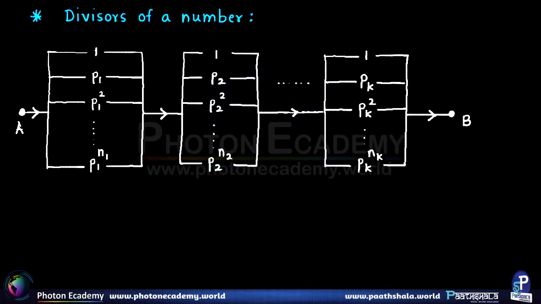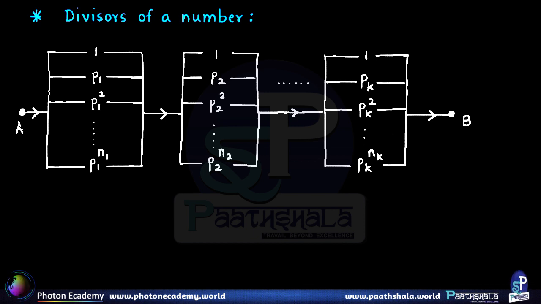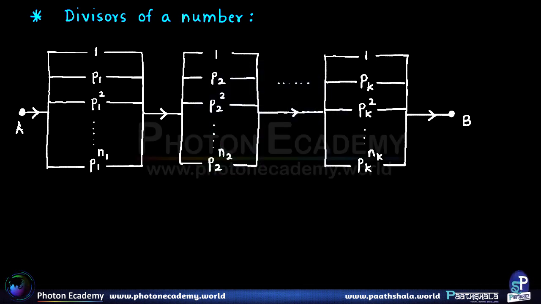Considering the first block, consisting of the prime factor p1, we may consider 1, in which case we are not considering any occurrence of p1, or one occurrence of p1, or two occurrences of p1, that is p1 squared, and so on up to all n1 occurrences of p1. We have to travel through any one of these paths, and so on for the next factor p2 till the last factor pk.